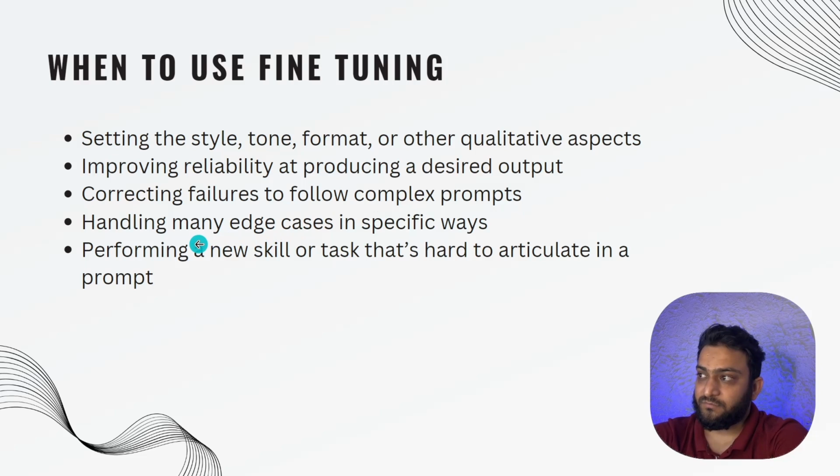A lot of the time, there are many edge cases in which your model would fail because it might have very generalized knowledge. In that case, fine-tuning could be a really good solution. Performing a new skill or task that's hard to articulate in a prompt. When it's hard to articulate and write it in a prompt, obviously you can use fine-tuning.